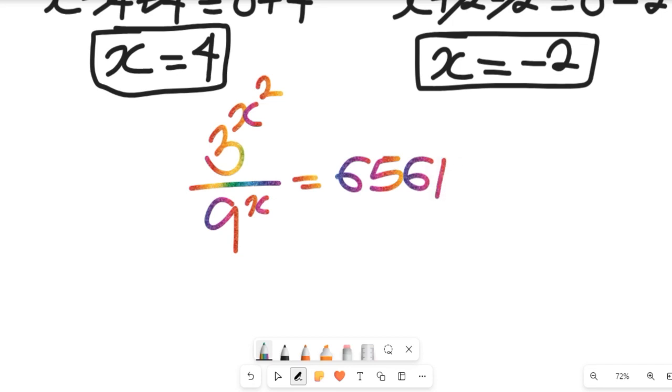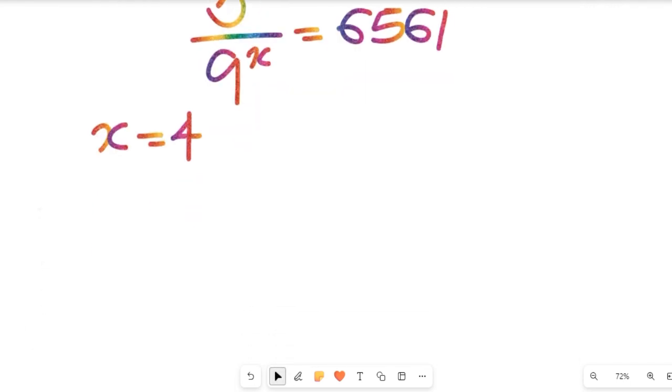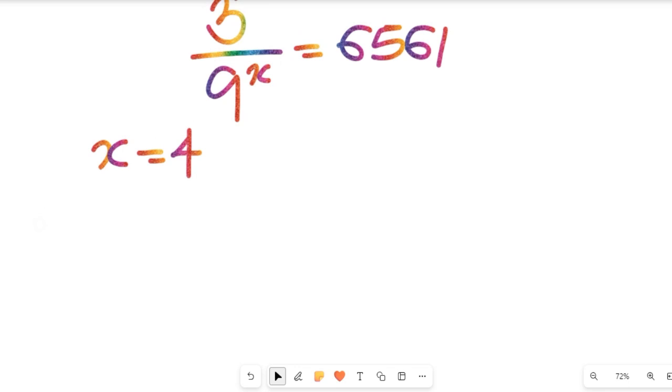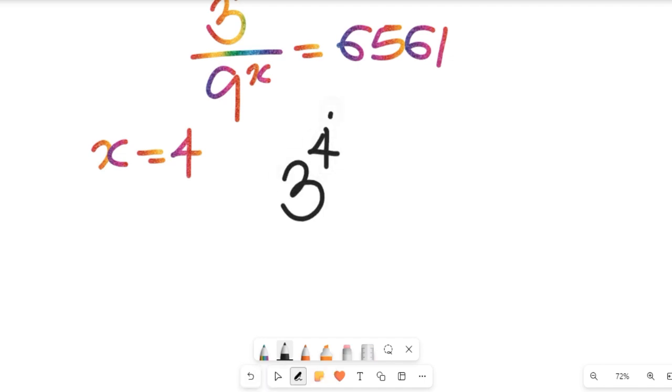Now, if we insert x equal to 4 into the expression, are we going to arrive at 6561 on the left-hand side? Let's try that. From that expression, we have 3 to the power of 4 squared, divided by 9 to the power of 4.